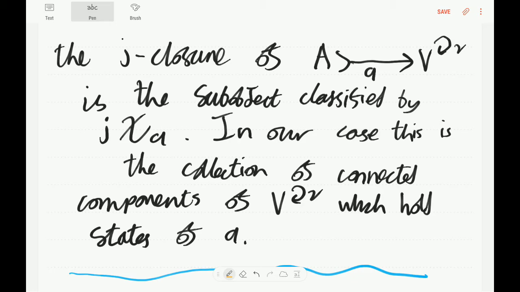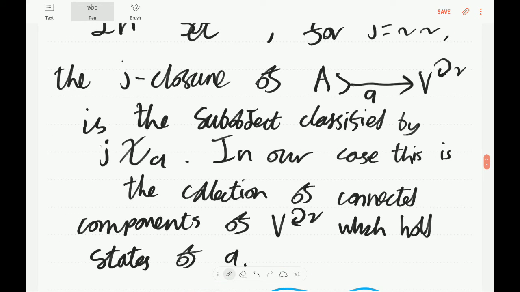In other words, when A is equal to the subobject classified by J after chi of A.